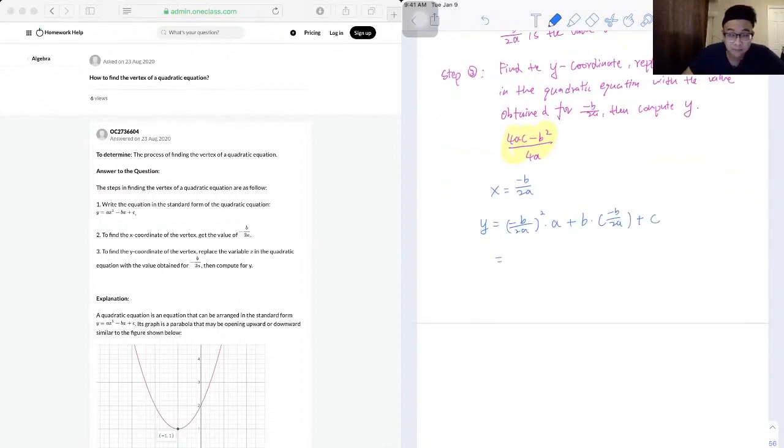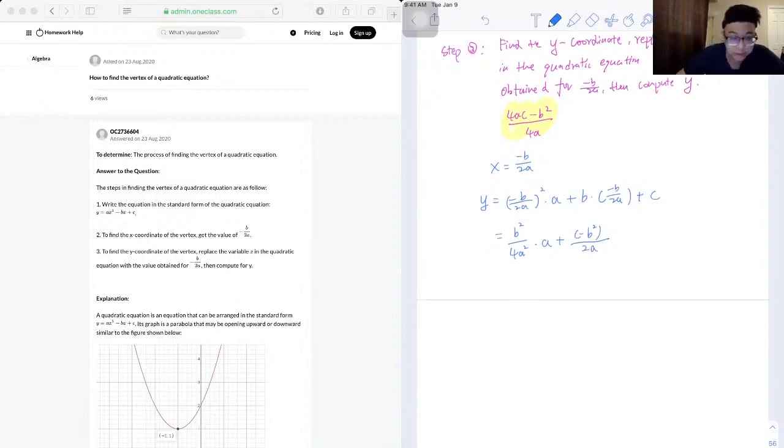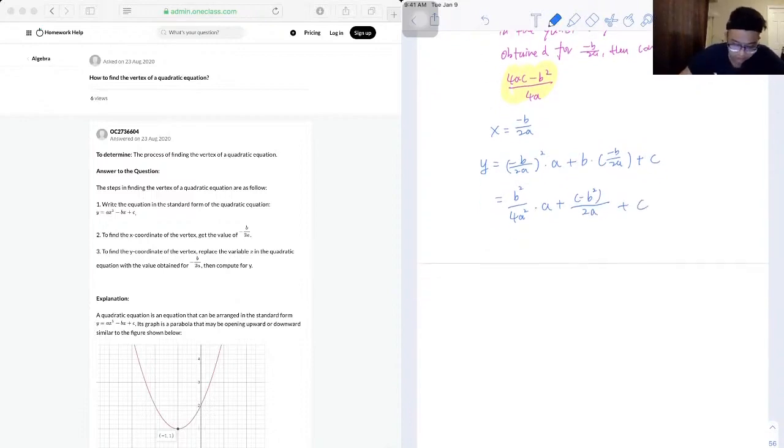The square of negative b is going to be b squared, and for the denominator, 2a squared is just going to be 4a squared, times a. Plus negative b times b is going to be negative b squared over 2a. 2a maintains the same, and plus c at the end.